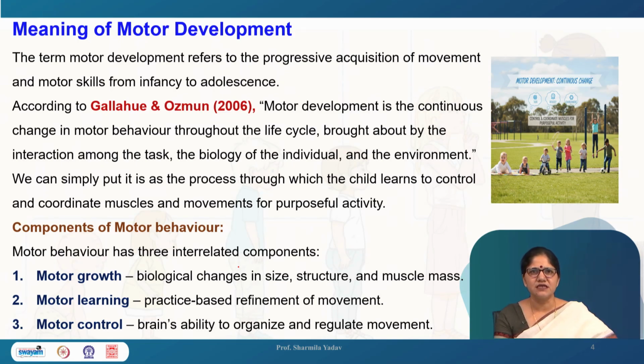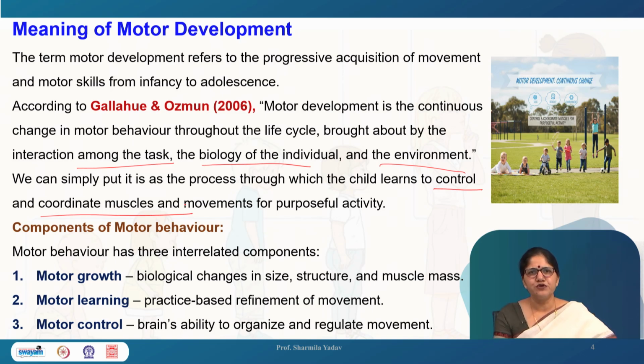Here the three important things are the task, the biology of the individual and the environment. So we can simply put it as the process through which the child learns to control and coordinate muscles and movements for purposeful activity.